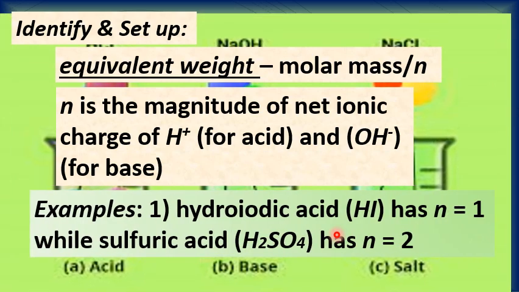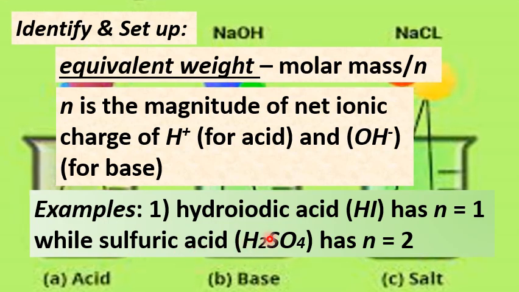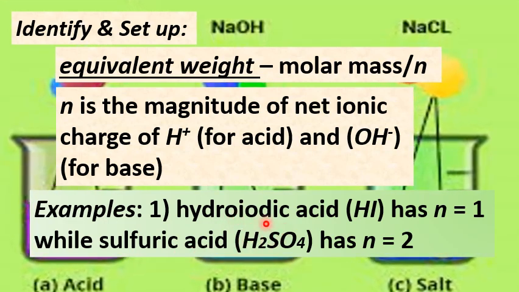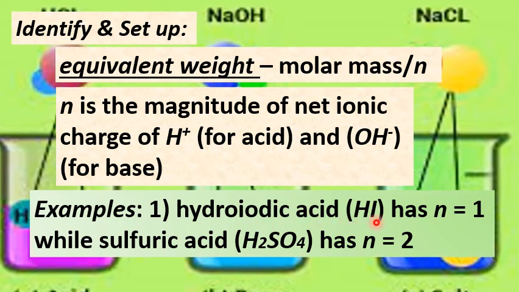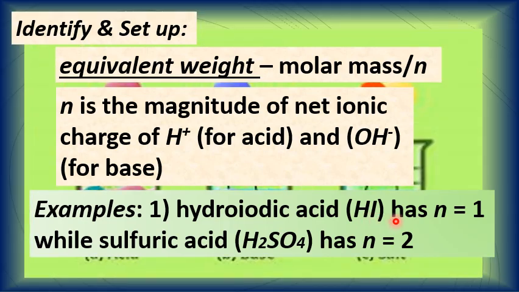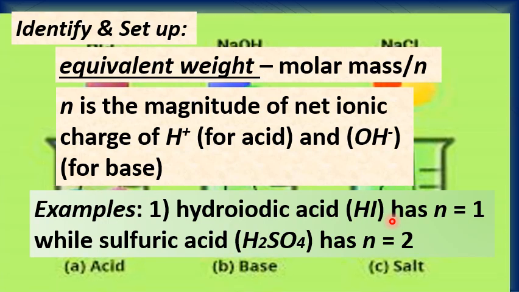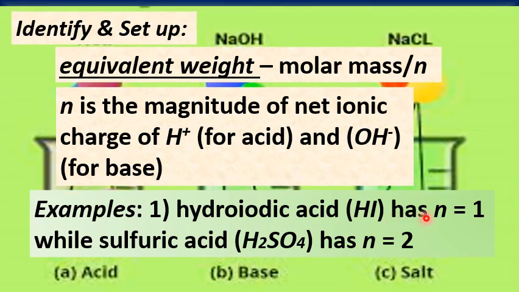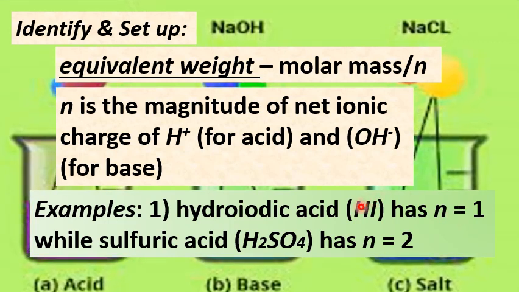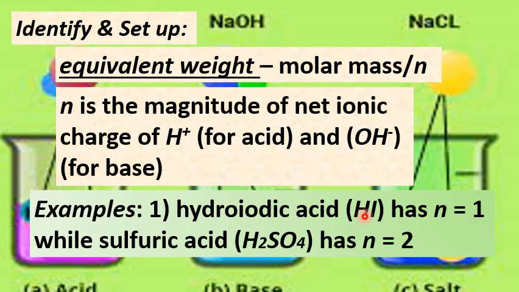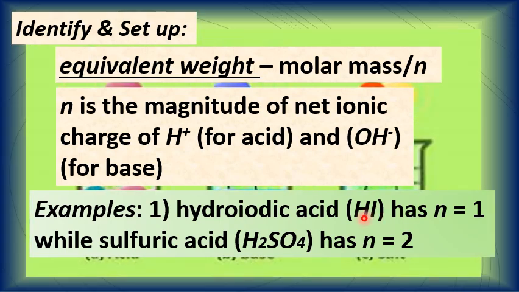All right. So our first example is if the solute is hydroiodic acid whose formula is capital H, capital I. This solute, HI, has the number small letter n equal to 1, because as given in this formula, there is only one positive hydrogen ion.